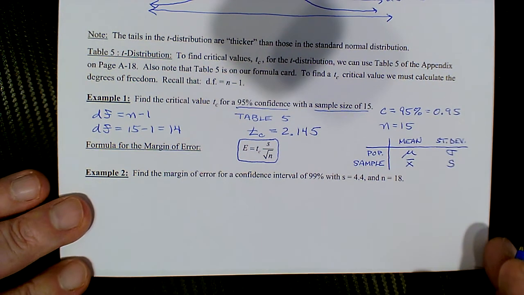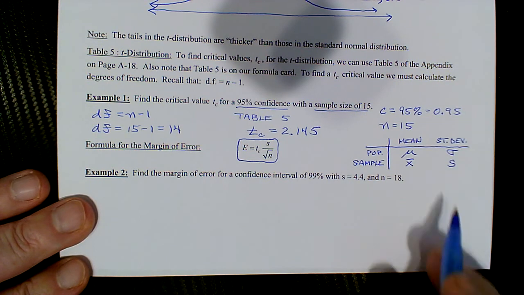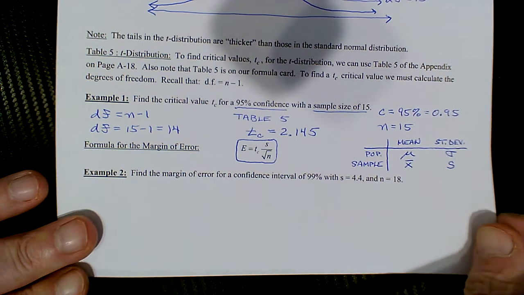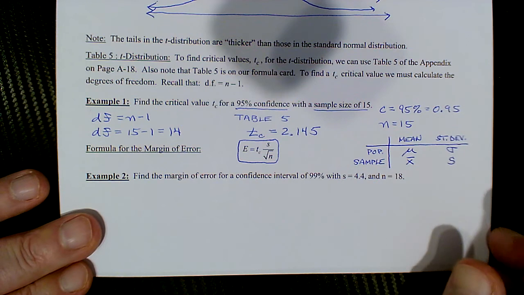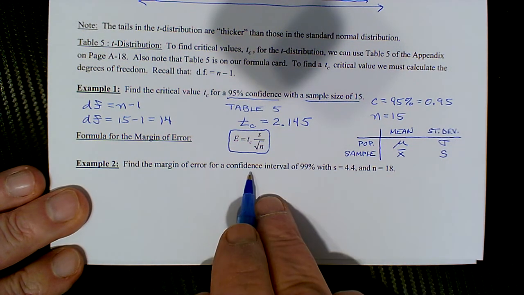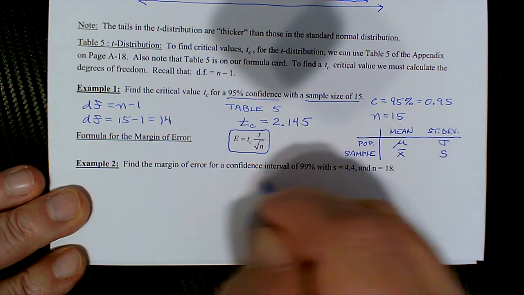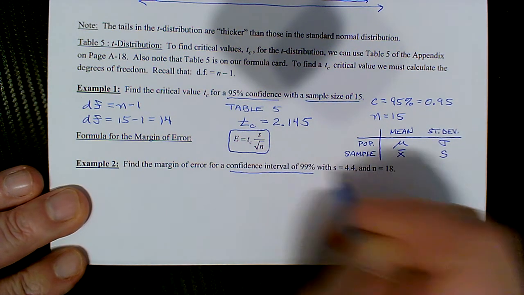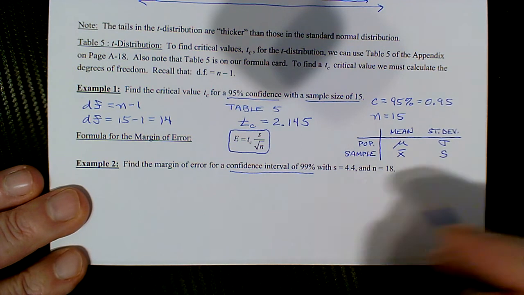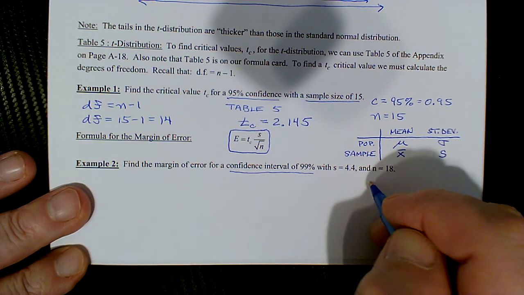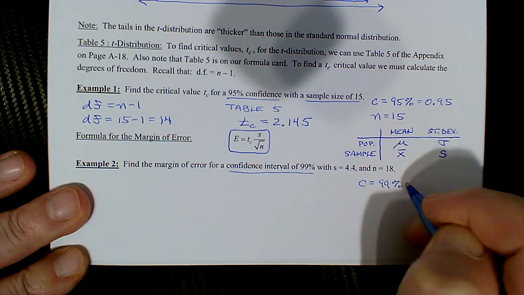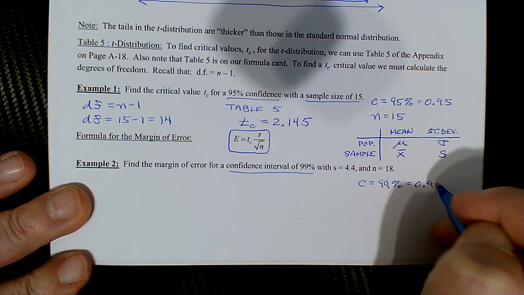So make sure when we get to word problems you're comfortable writing the correct symbol for the given parameter. Alright, here we want to find the margin of error for a 99% confidence interval given s and the sample size n. So c is 99%, or 0.99.